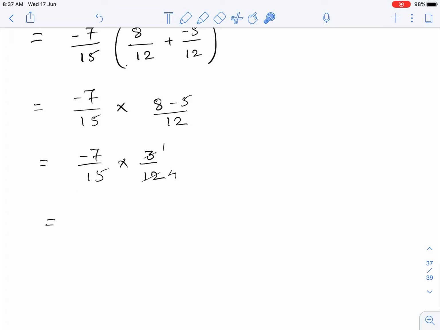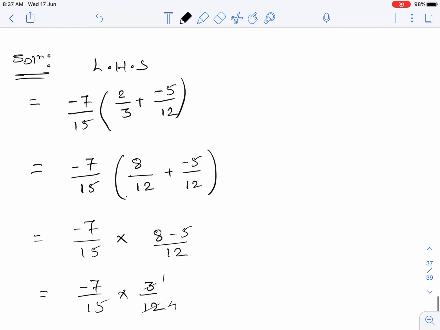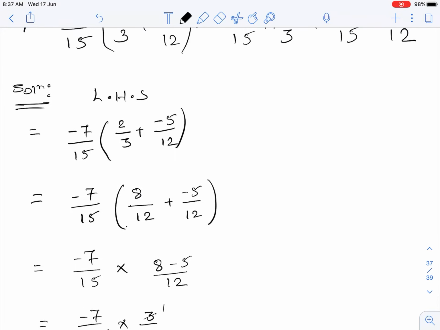Right now we cannot cancel any other number, so we can write it as, now this minus 7 will multiply to plus 1, so minus into plus is minus, and 7 ones are 7. So our answer will be minus 7 upon, then 15 4s are 60. Now this is our LHS. Now we have to check whether when we solve RHS, we get the same answer or not.